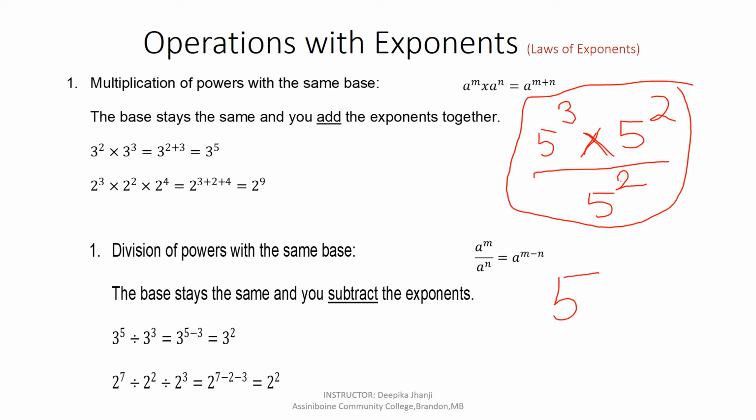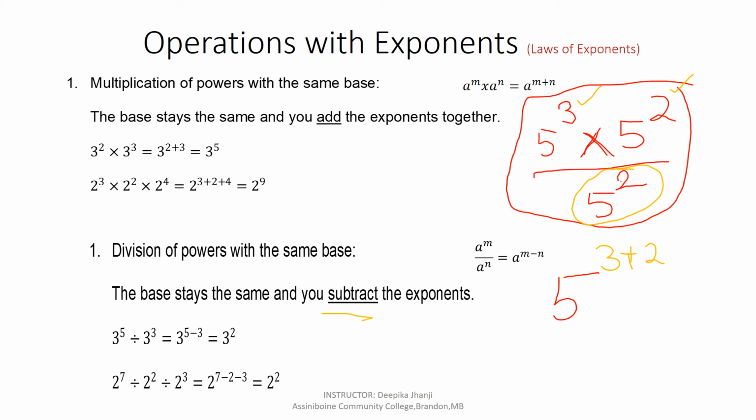I'm going to write down the exponents of the numerator first because they are being multiplied. My law says for multiplication the exponents should be added. So I do 3 plus 2. And at the same time, you can consider the denominator as well, which is with the same base, and exponent is 2.